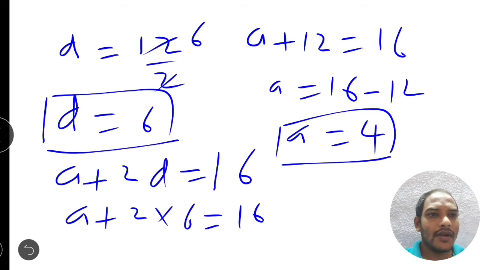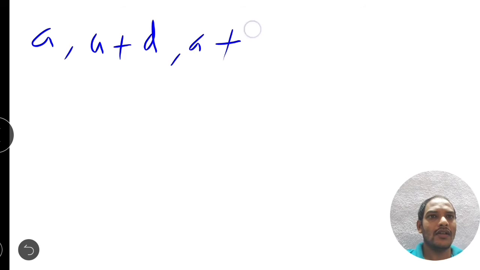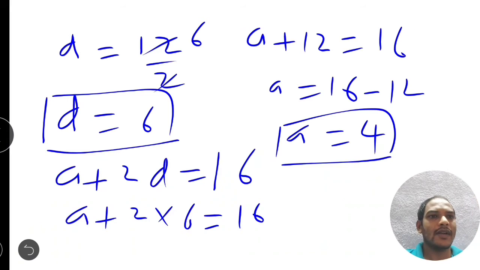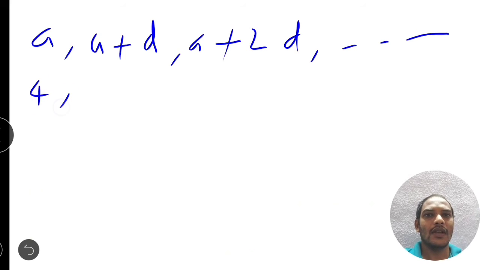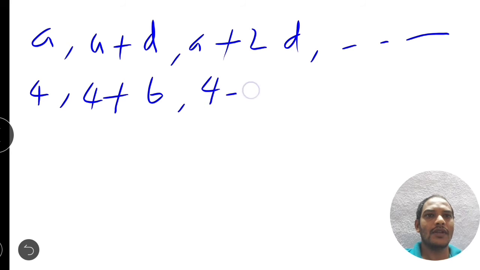So finally we got a value and d value. Let's determine the AP. Determine is nothing but write a minimum of 3 terms of the given arithmetic progression. So the first 3 terms: a value 4, a plus d is 4 plus 6, then a plus 2d is 4 plus 2 into 6.